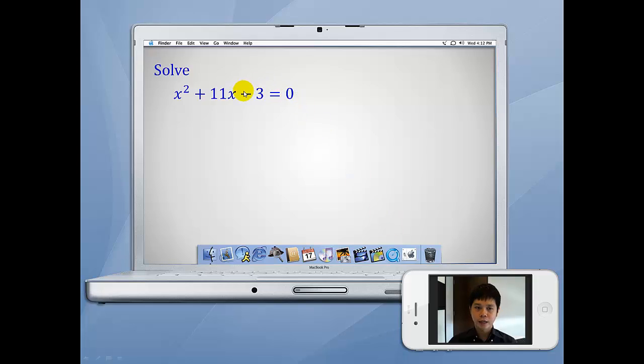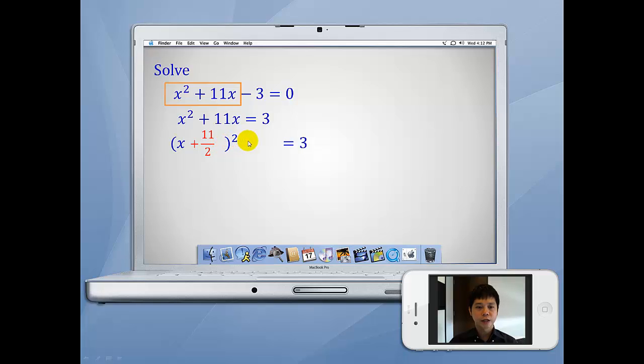Why don't we look at another example to help us better understand how to complete the square and hence solve the quadratic equation. We will move the negative 3 over to the other side, and now we will complete the square for the left hand side. Half the x and put in brackets, so we have plus 11 over 2.